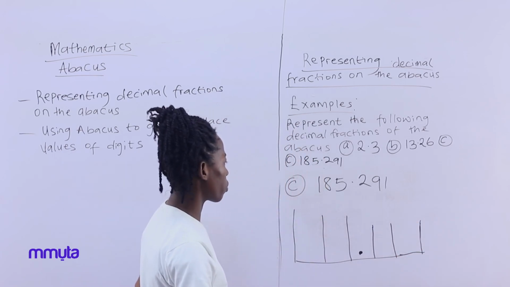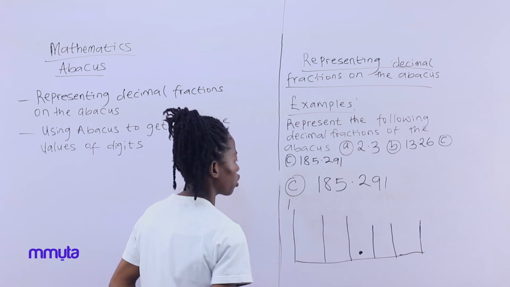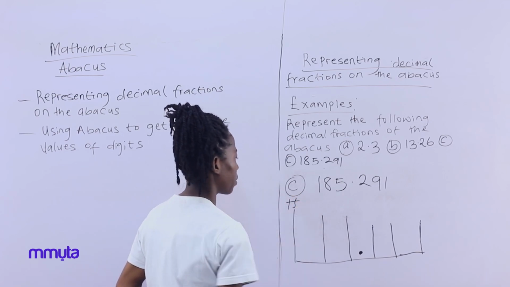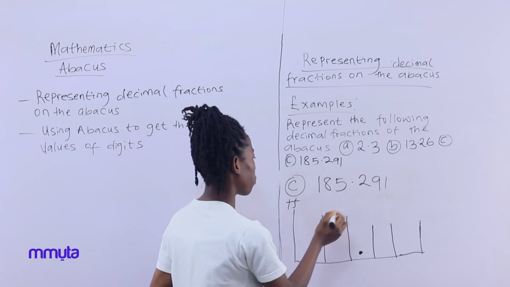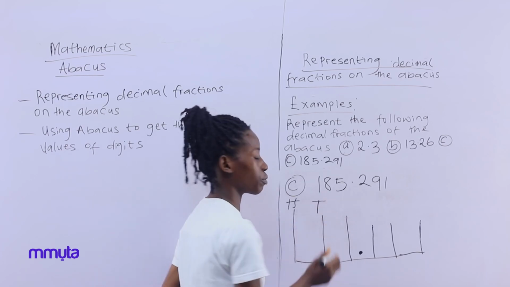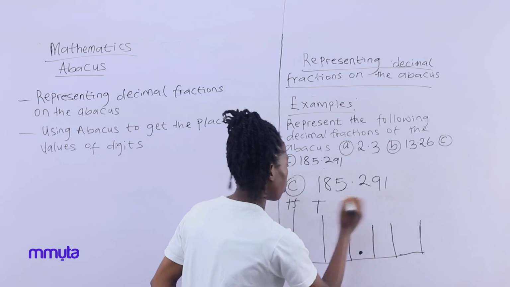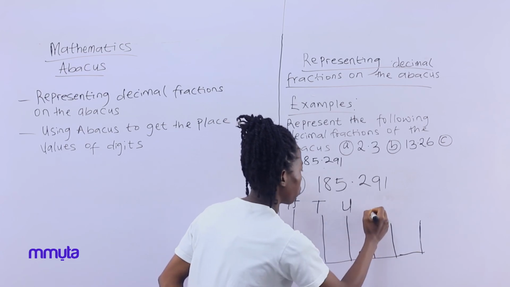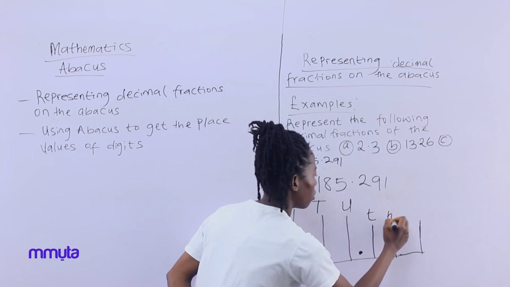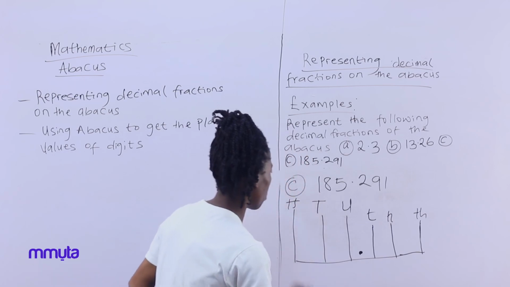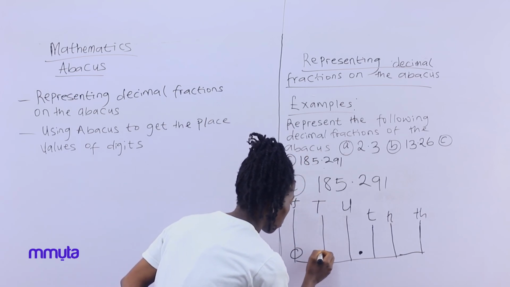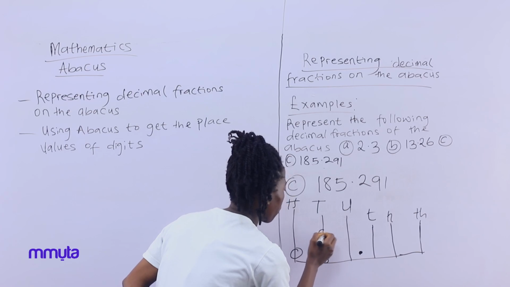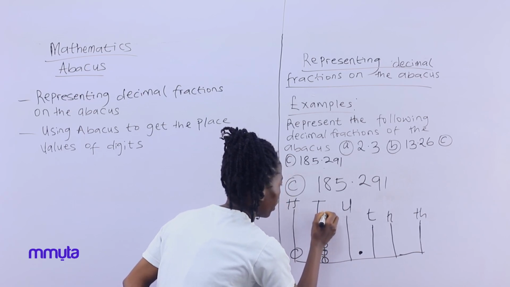Now we can begin to represent. Ensure you always write them. This is capital H representing hundreds, and then you have your capital T representing the tens. You have U, and then the tenths, hundredths, and thousandths. So we represent 1 for the hundreds, then for the tens we count 1, 2, 3, 4, 5, 6, 7, 8.